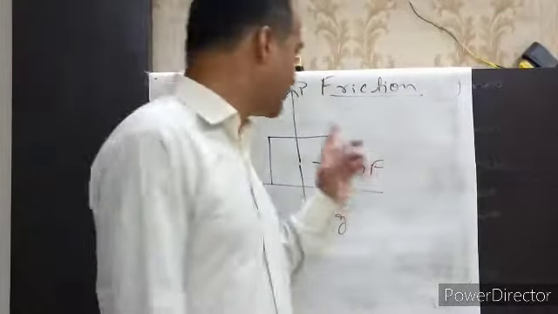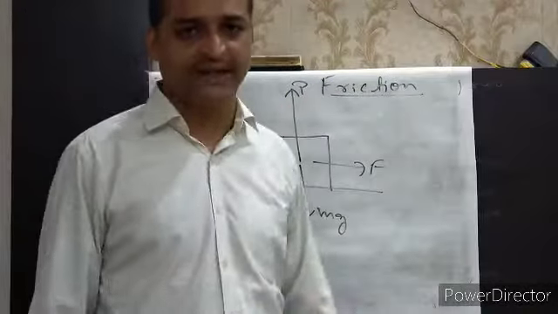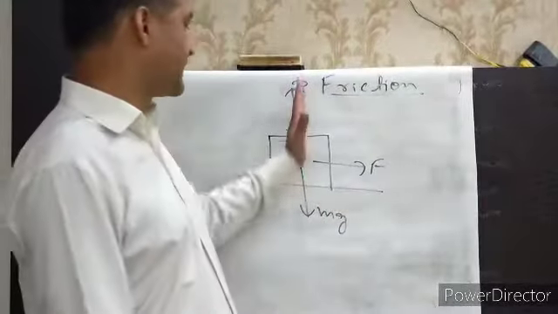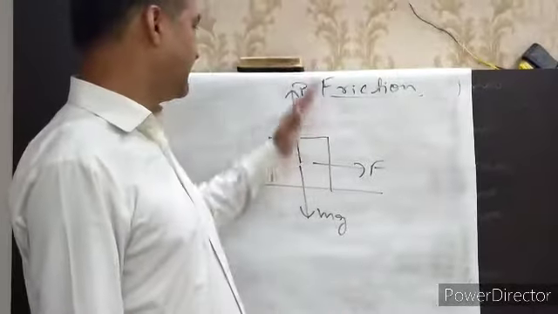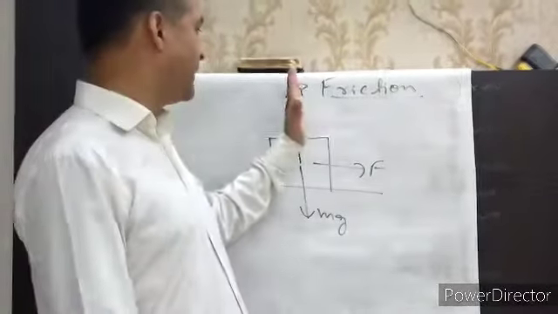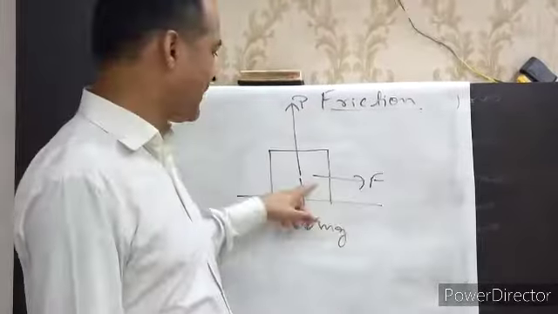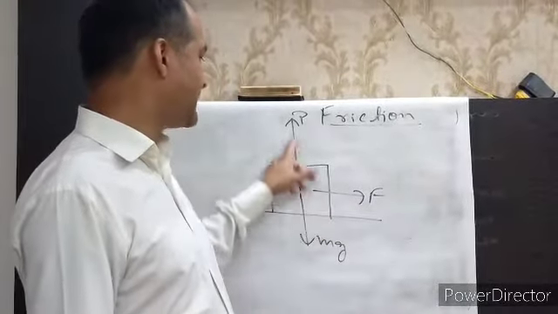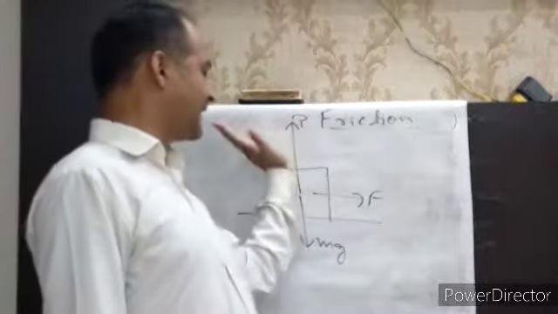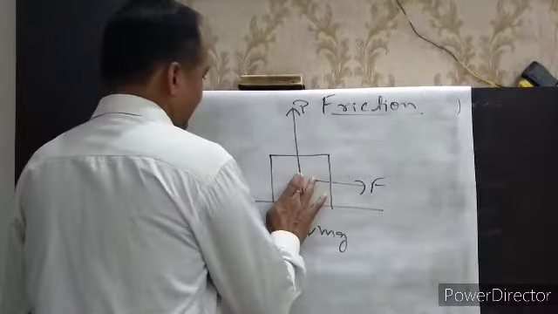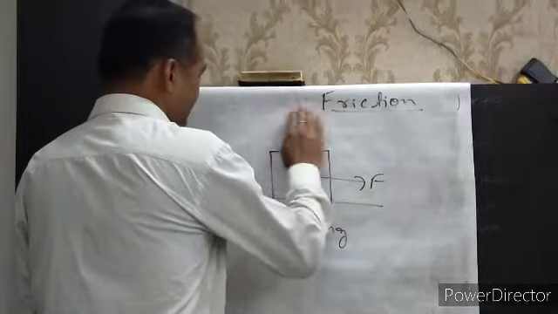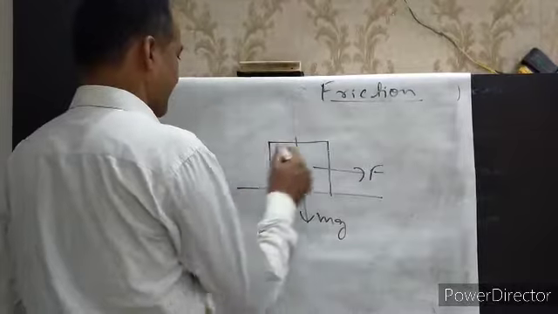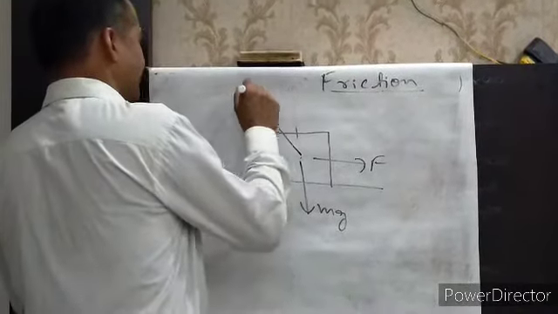When we apply force on the object, this normal reaction will tilt slightly. When we apply force in this direction, the normal reaction will tilt slightly, like this.